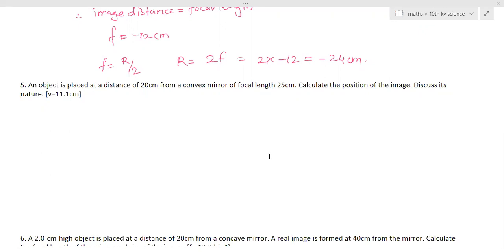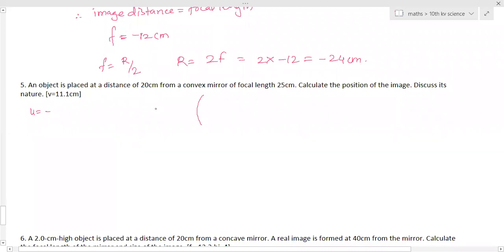Yes, Jayant, what are the things given? The distance of the object is 20 centimeters. What is the symbol we use? U, U is equal to 20 centimeters. Plus or minus? Where are you keeping the object?